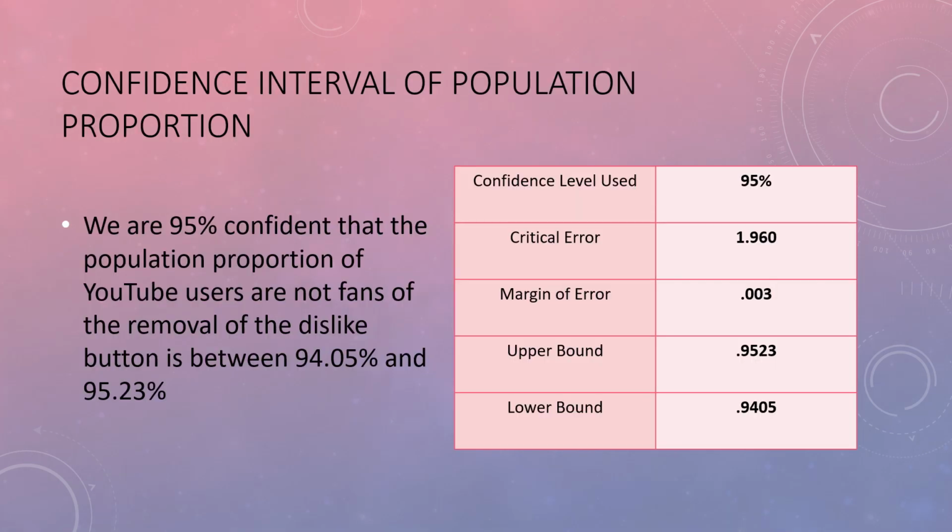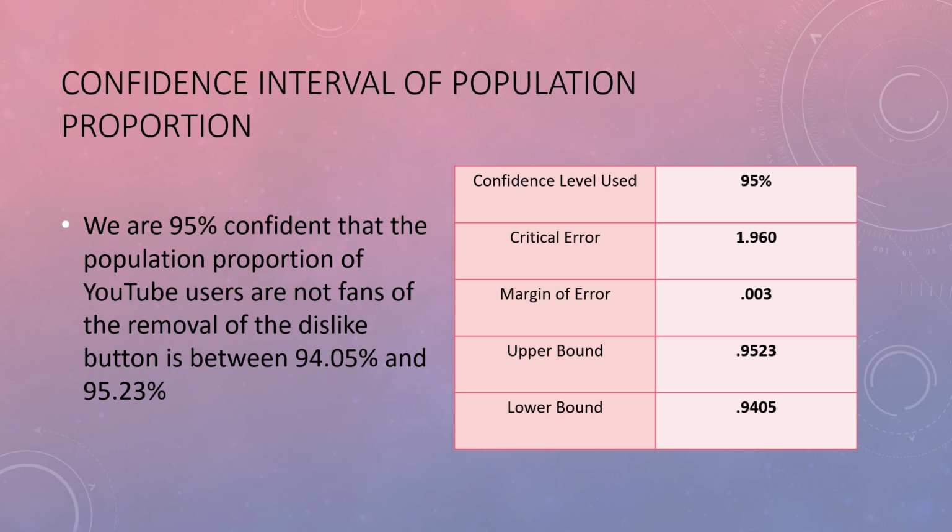Before we get to our statement, let's take a look at our table of numbers again. The confidence level that we're using is 95%, which equals a critical score of 1.960. Then we plugged all of our numbers into that previous formula: P prime times Q prime divided by the sample size, square root all of that, and times our critical score. That gave us our margin of error of 0.003.